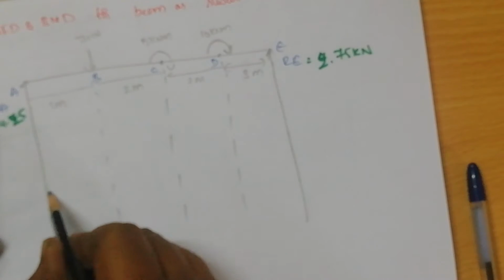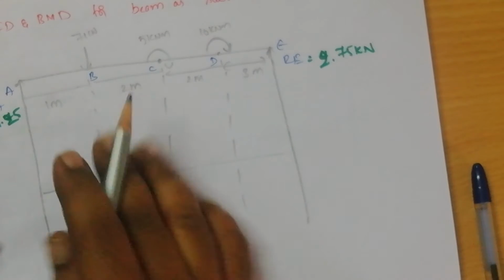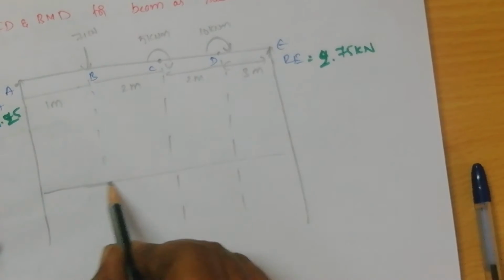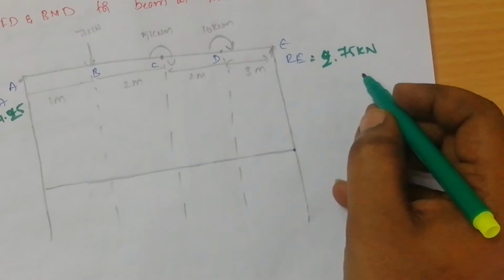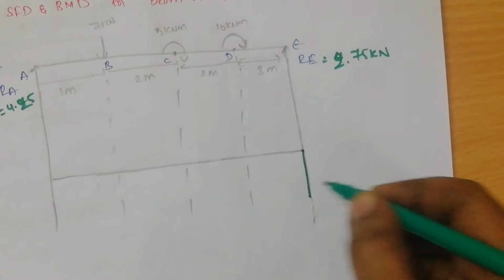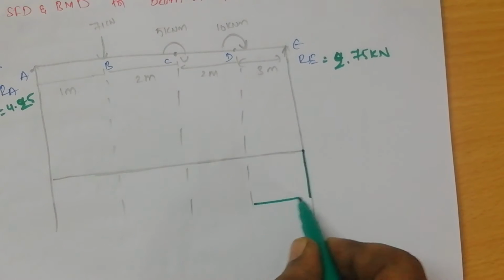I will take the baseline. After the baseline, I will mark the points. First of all, this load is acting in upward direction, so we have to take minus.